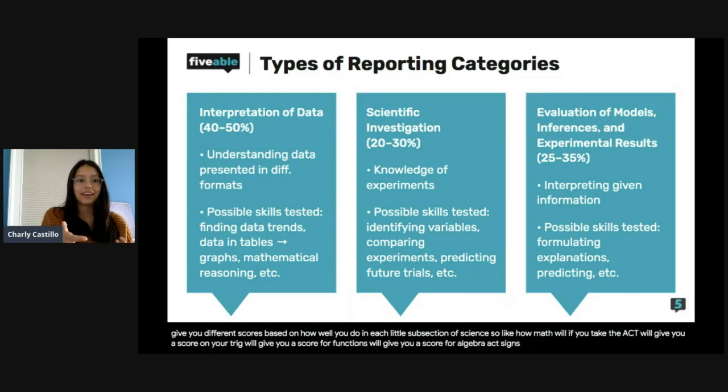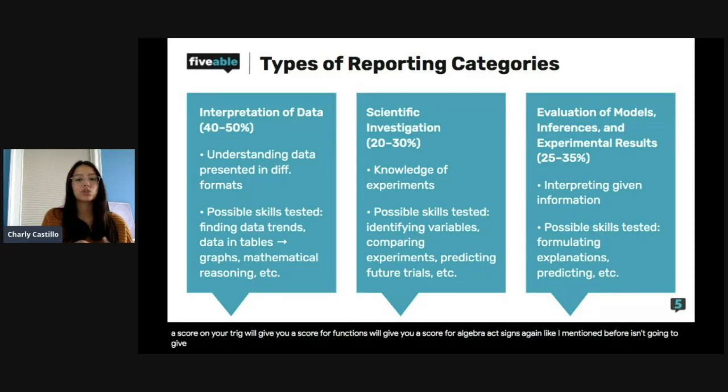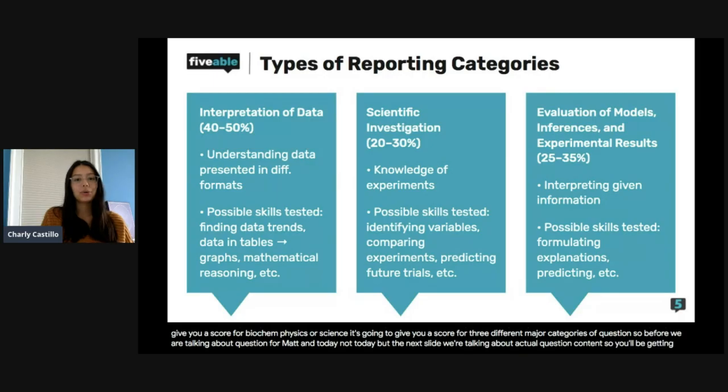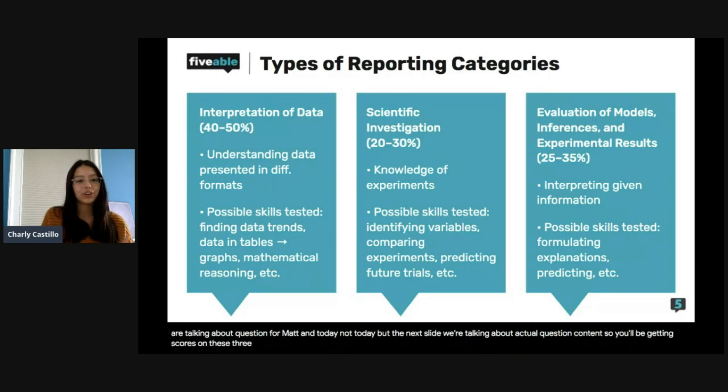ACT Science, like I mentioned before, isn't going to give you a score for bio, chem, physics, earth science. It's going to give you a score for 3 different major categories of question. Before we were talking about question format, and now on the next slide, we're talking about actual question content. So you'll be getting scores on these 3 major topics that you're going to be tested on.